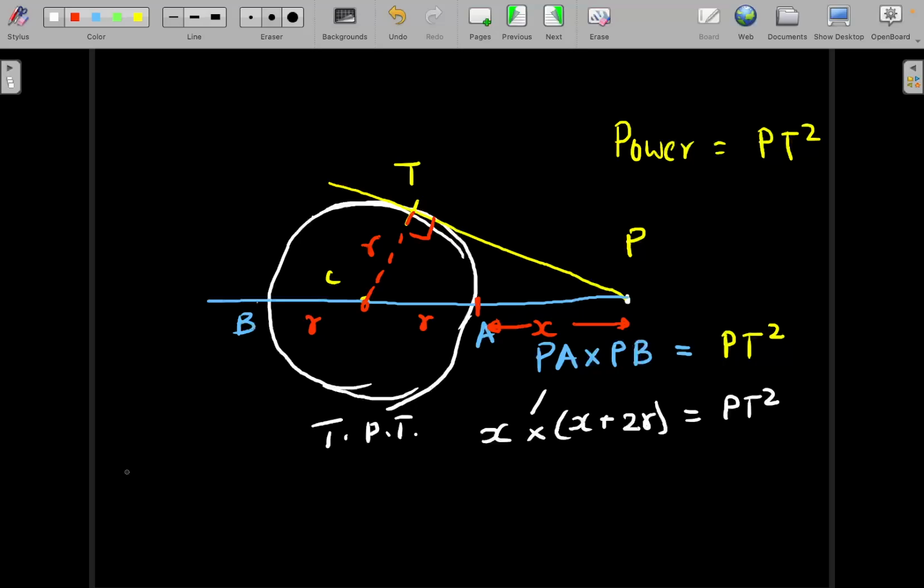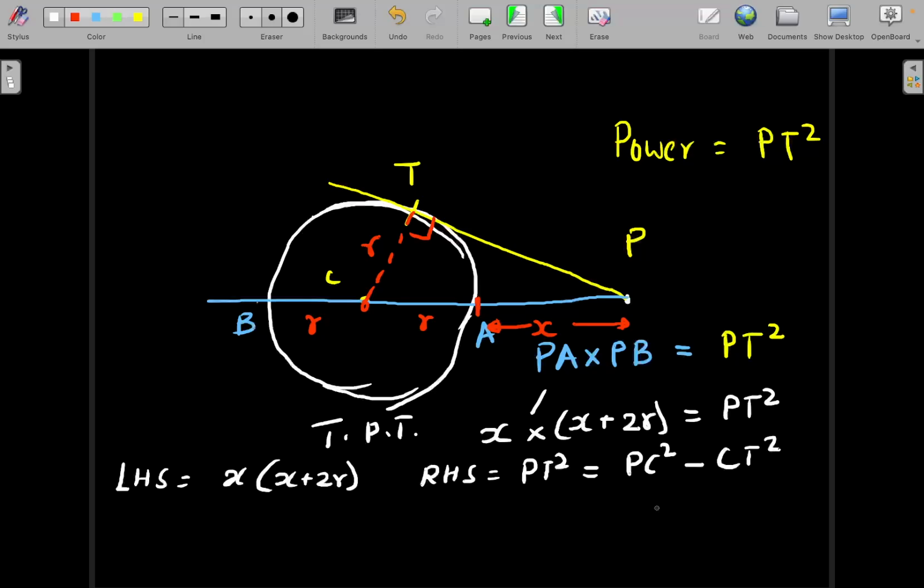So let's look at the LHS now. LHS is x into x plus 2r, and now RHS is equal to PT square, which is also equal to PC square minus CT square.